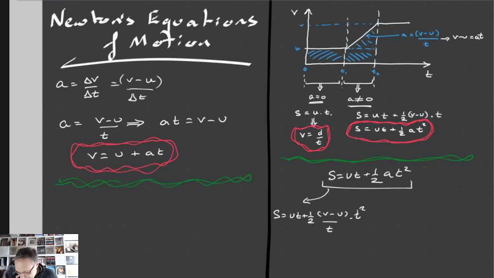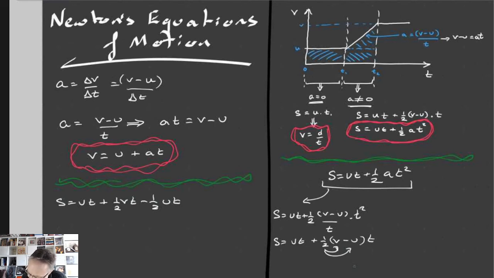And one of the t's cancels, so I end up with s is ut plus half (v minus u)t. And we can get rid of the brackets. So s is ut plus a half vt minus a half ut.